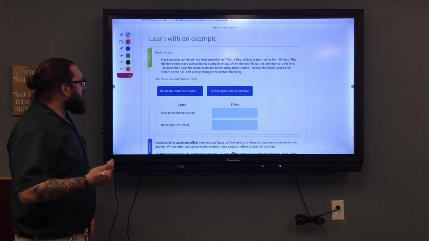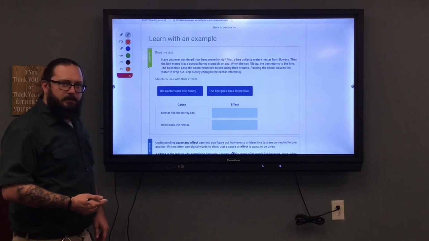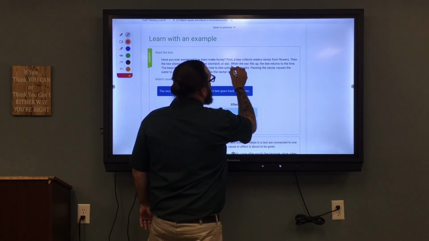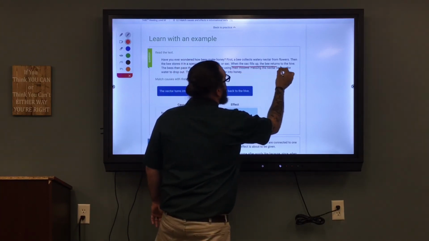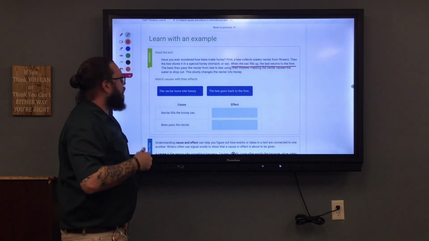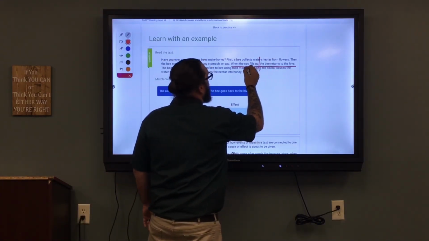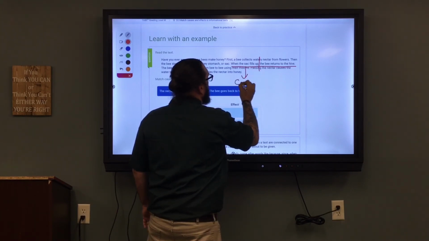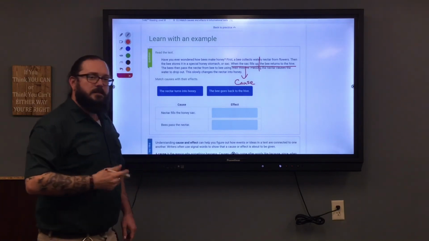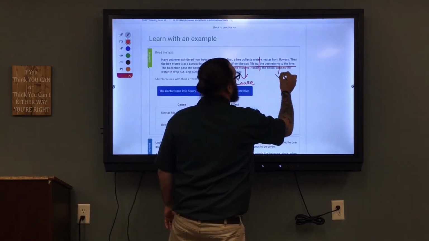So our first cause is nectar fills the honey sac. In the passage, we are told when the sac fills up, the bee returns to the hive. So our cause is the sac filling up. Well, what is the effect? The bee returns to the hive.